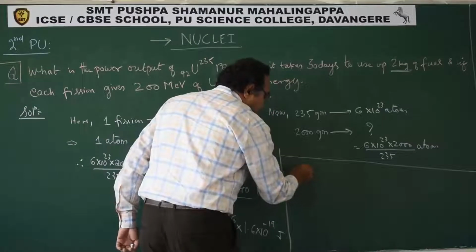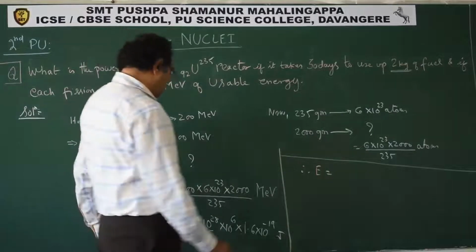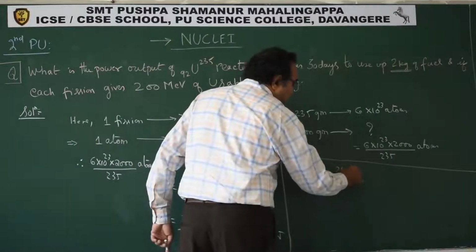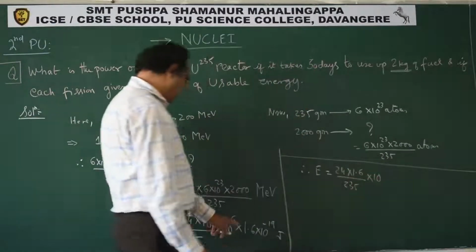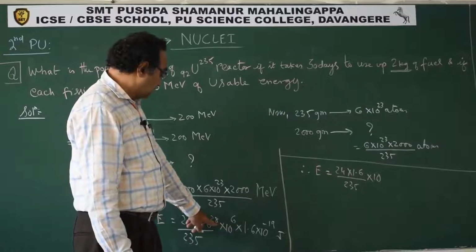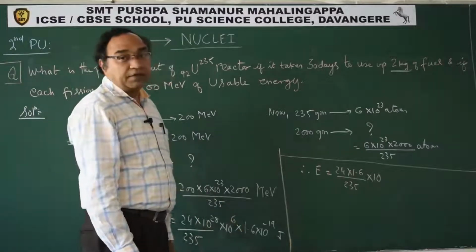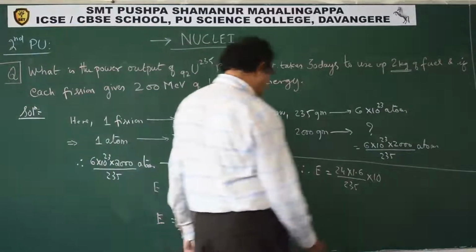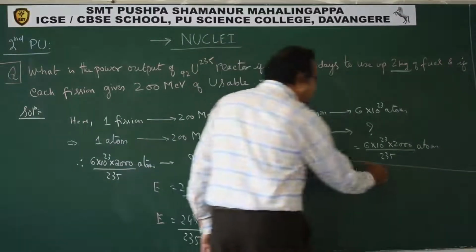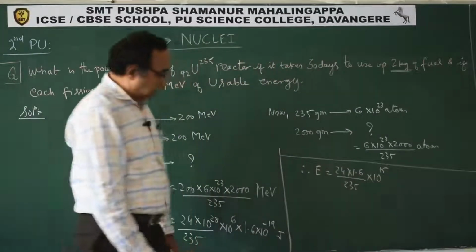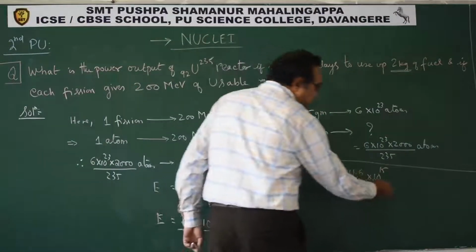Therefore, energy will be, we can simplify this, 24 into 1.6 upon 235 into 10 power, this is 28 and 6 34, 19 and 34 19, 15, so 10 power 15 we are having. So when we try to simplify this we get it in joules.